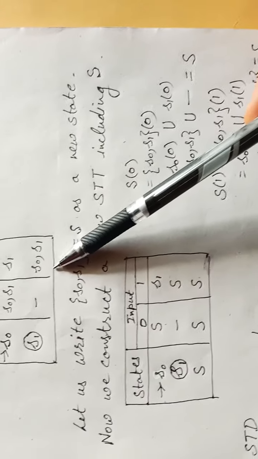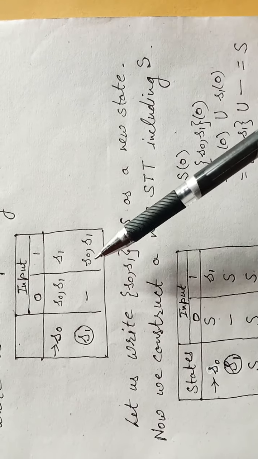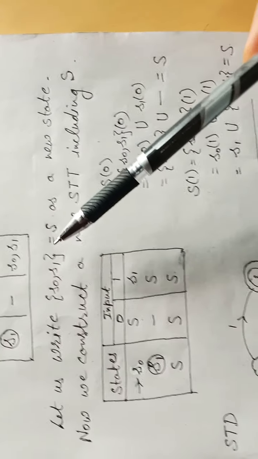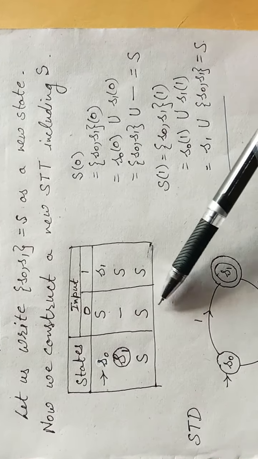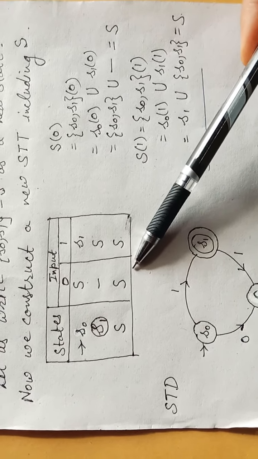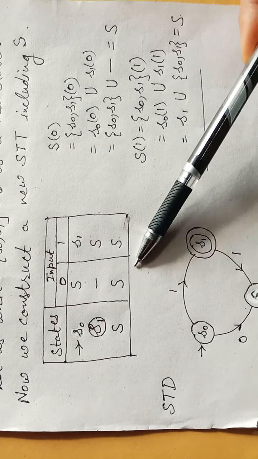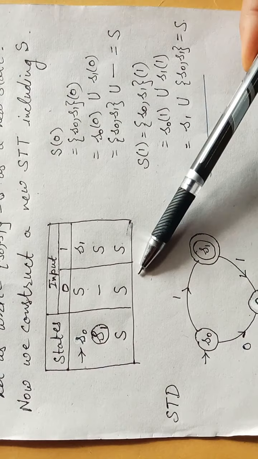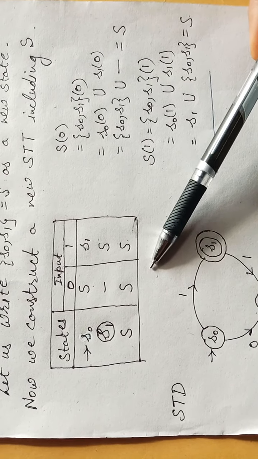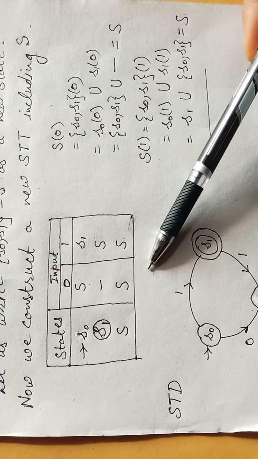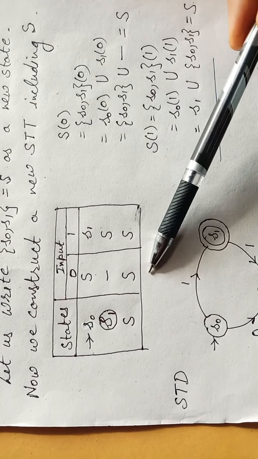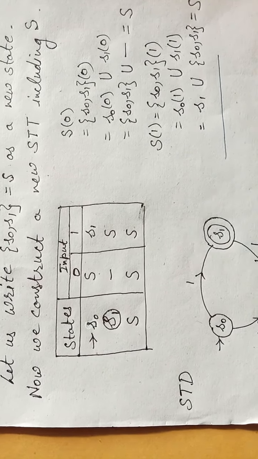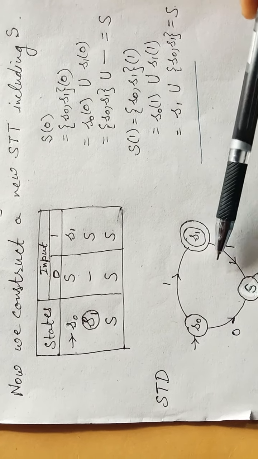Initially the finite state machine was non-deterministic, but after introducing a new state capital S, I have converted the given finite state machine that was non-deterministic into a deterministic finite automata. And from this transition table you can draw the transition diagram also.